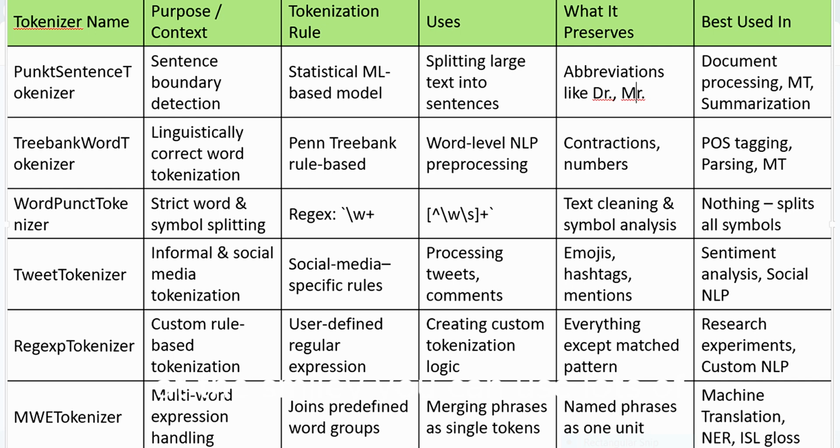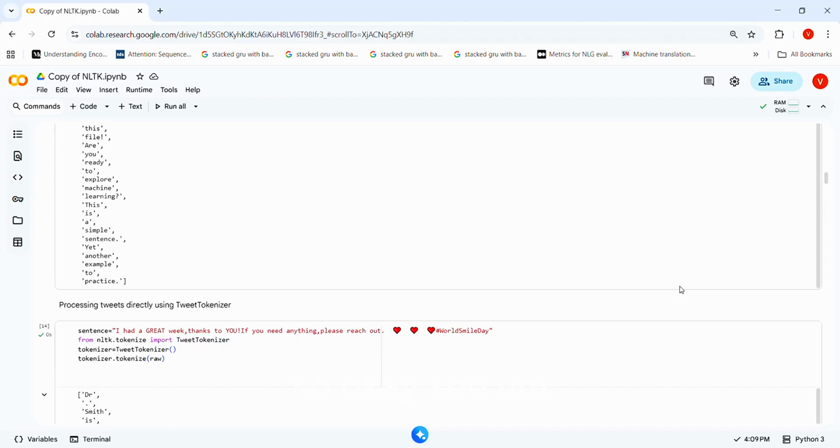You can use lots of special characters and different characters. So to preserve these kind of things, we are using TweetTokenizer. Okay, TweetTokenizer is useful for processing tweets and comments. Okay, best used in social NLP, social natural language processing, and sentiment analysis.